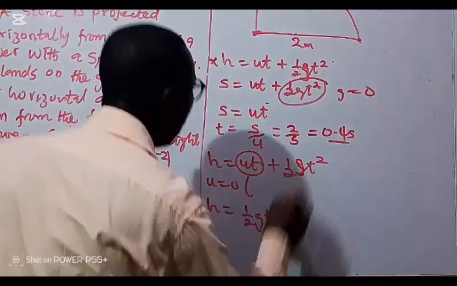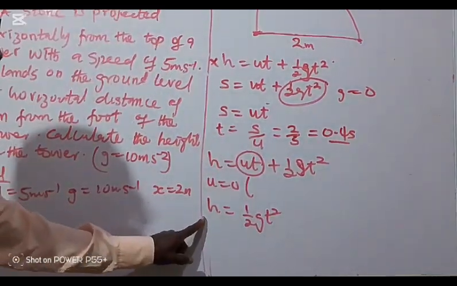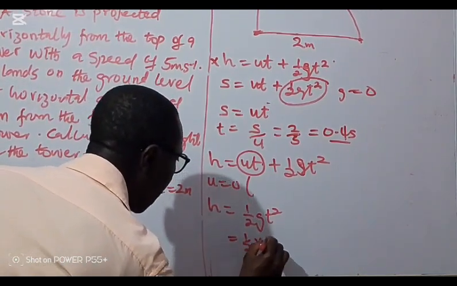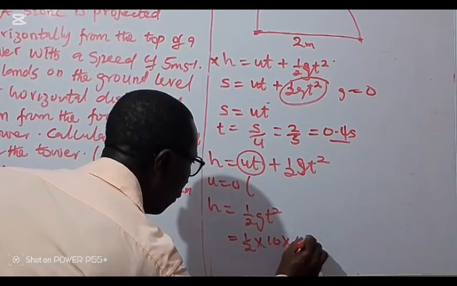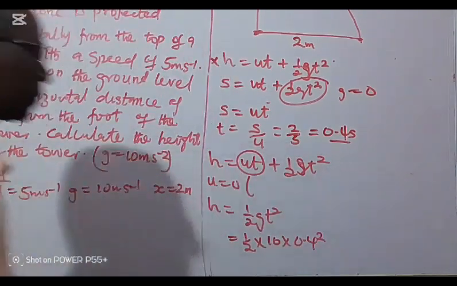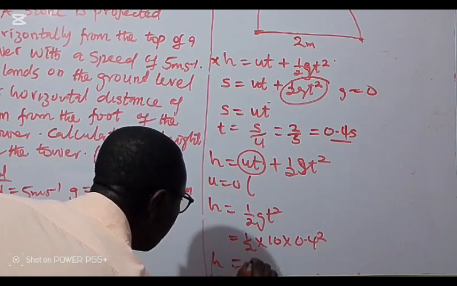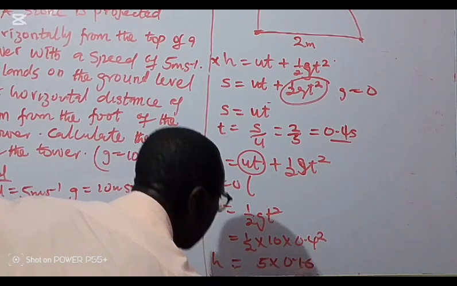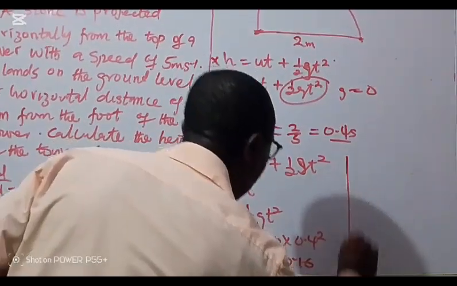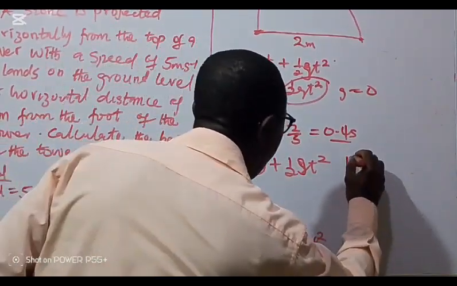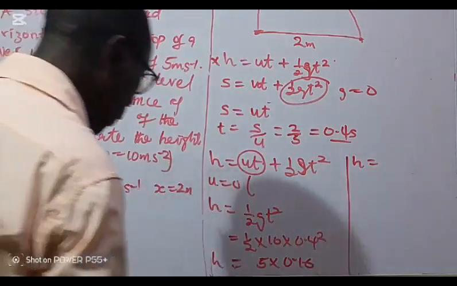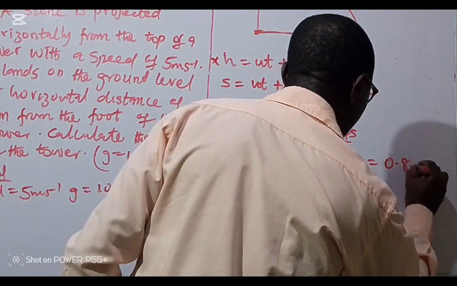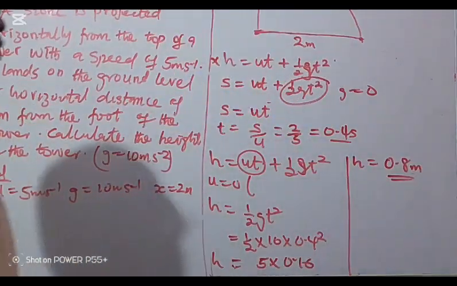And what do we need? The height of the tower. So this one will give us half multiplied by 10 multiplied by 0.4 squared. So our h will be 5 multiplied by 0.16. Therefore, our final answer for the height of the tower will be equal to 0.8 meter. That will be the height of the tower.